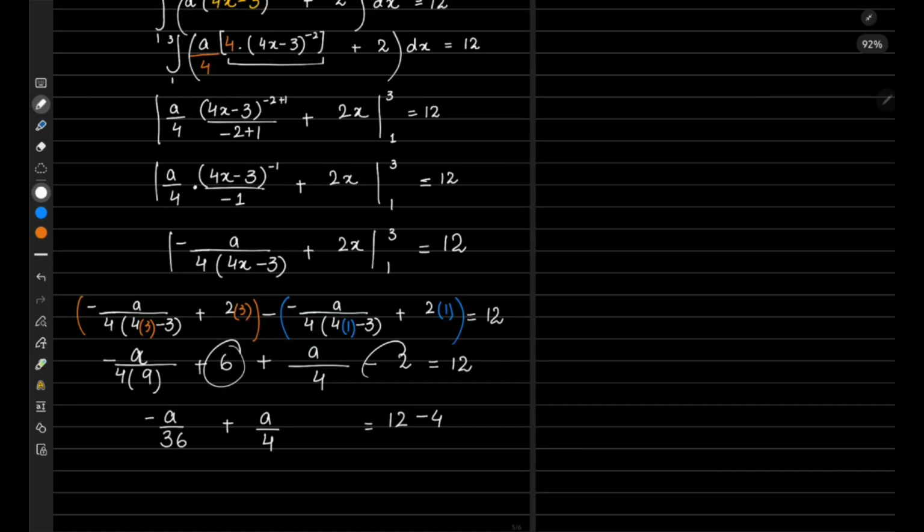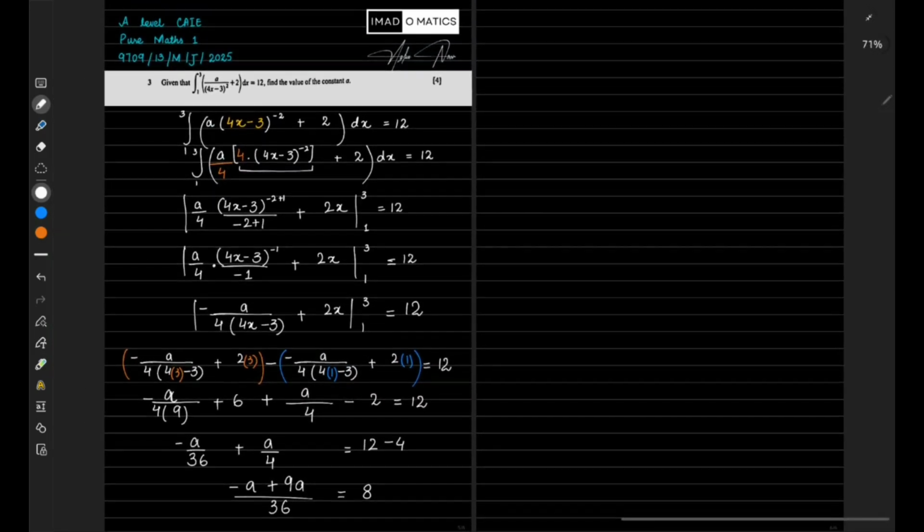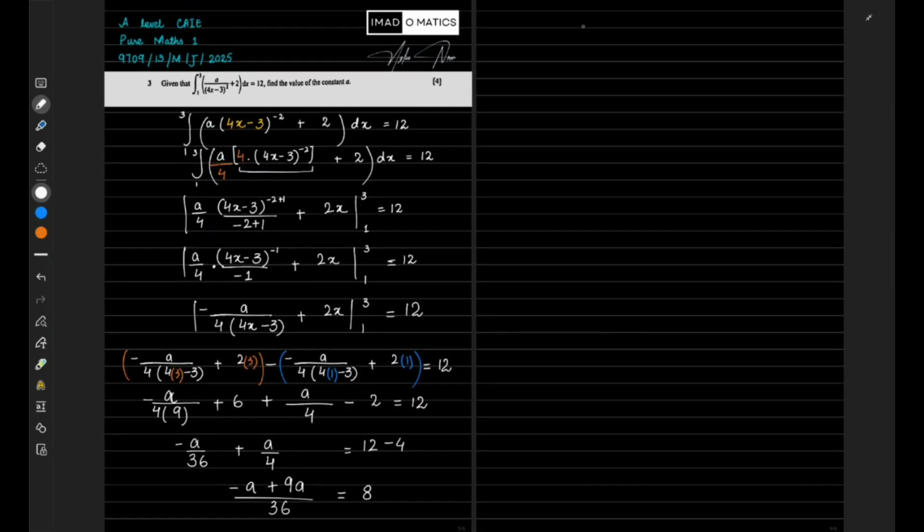So I solve the constant terms together. 6 minus 2 is 4, and this 4 when it goes to the other side becomes negative 4. Now, 4 times 9 is 36, so minus a plus 9a when I took 36 as the LCM. This is how we solve the fractions, and 12 minus 4 is 8. So 9a minus a would be 8a. 8a equals 8 times 36.